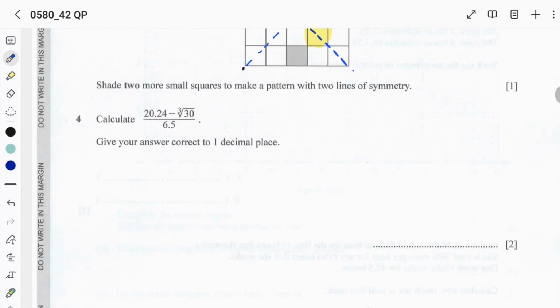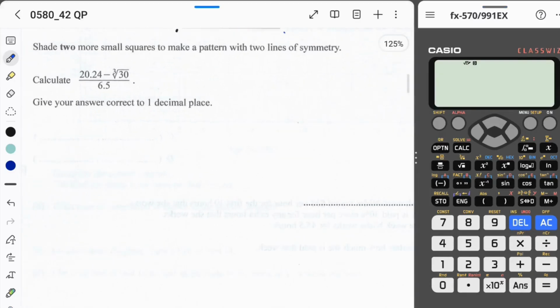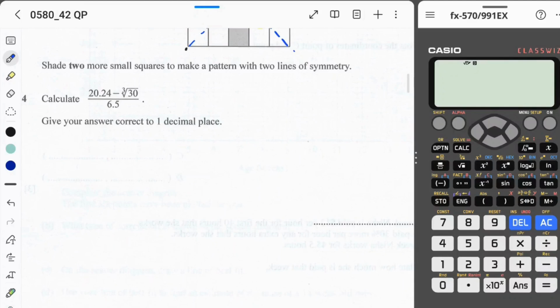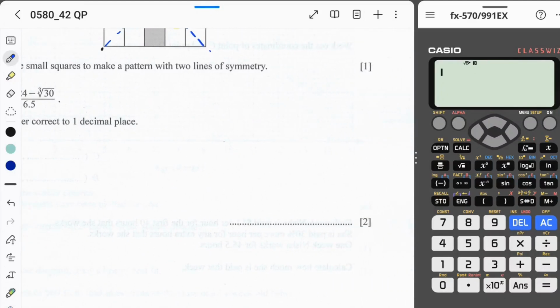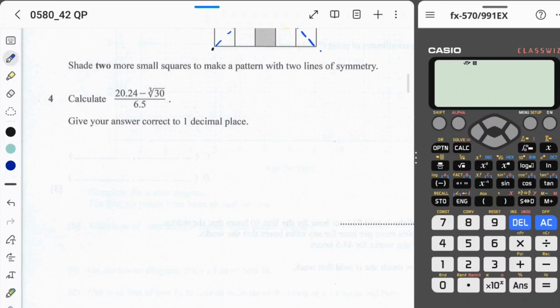Now the next question, question number 4. This is 20.24 minus cube root of 30 divided by 6.5, and the marks are 2. You are going to write down the answer to one decimal place. So here I'm calculating 20.24 minus cube root of 30, and then divided by 6.5, equals 2.635810384.